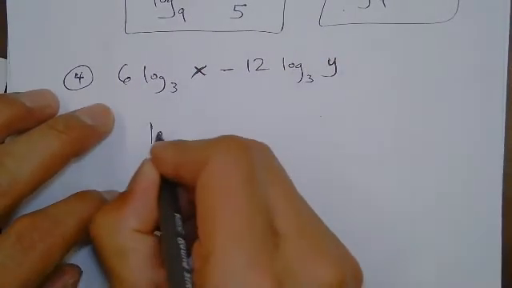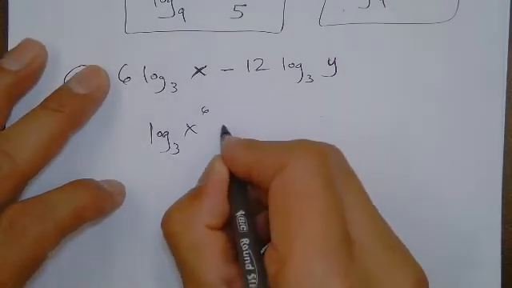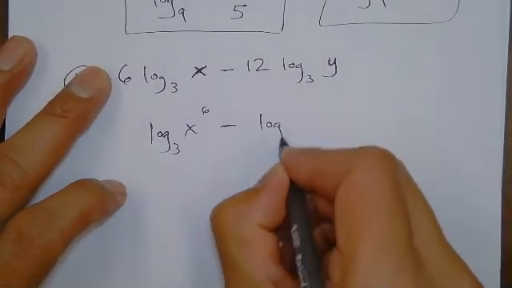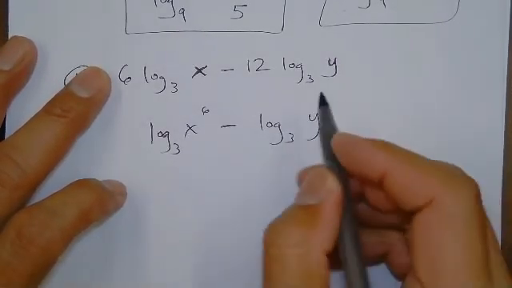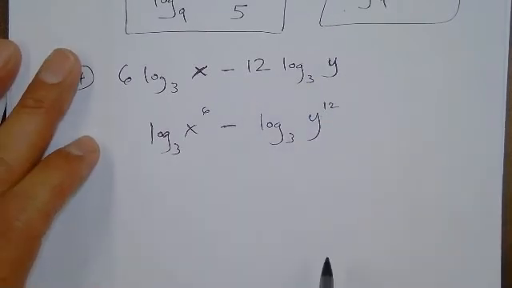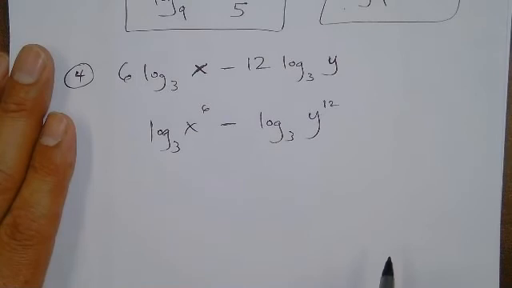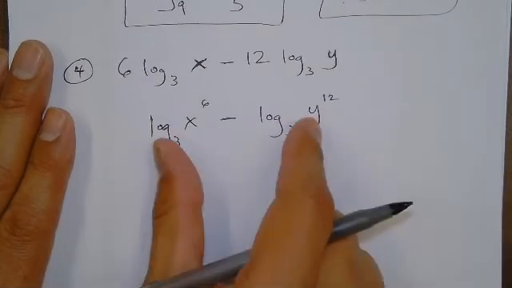Bring the powers up. I mean, not the powers, but these numbers in front. Bring them up to a power, right? Going backwards. So that's going to be log 3 of x to the power of 6 minus log 3 of y to the what? 12, right? Yeah? Yeah.